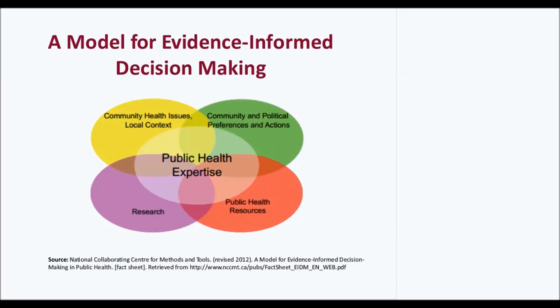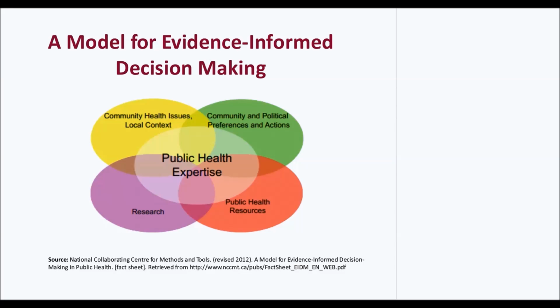And perhaps here, it's not so much just public health resources, as in a number of jurisdictions across Canada, funding for housing would likely fall outside of the realm of public health funding. And so this would be across multiple government sectors. So we might want to label that as resources to put towards these types of interventions.